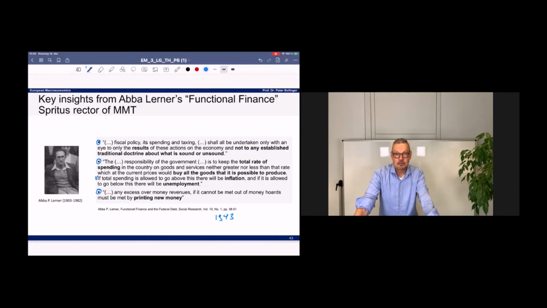The government debt increases quite a lot. But of course, the more programs that are now initiated by Biden, the more transfers that are paid to the households, the more the US economy comes closer to a point where one has to ask, is the spending still compatible with the aggregate supply, with the production possibilities of the US economy?